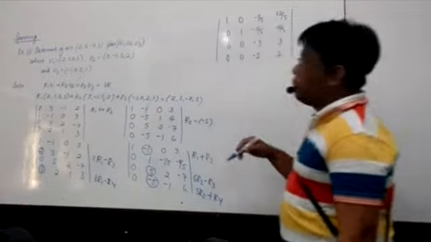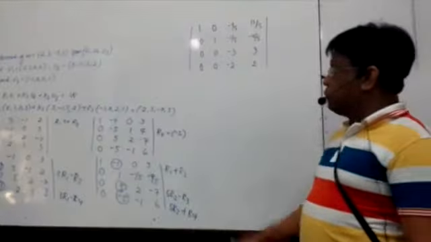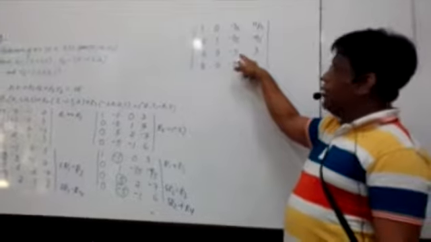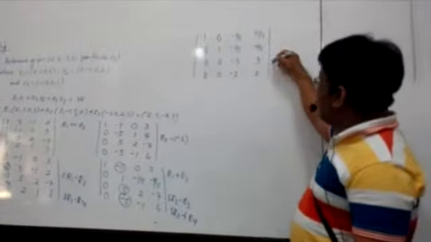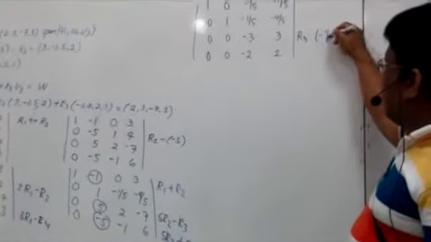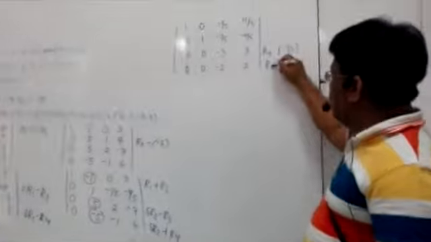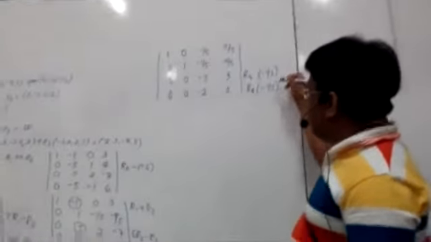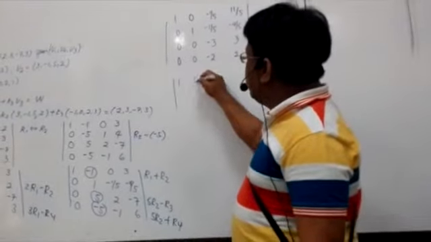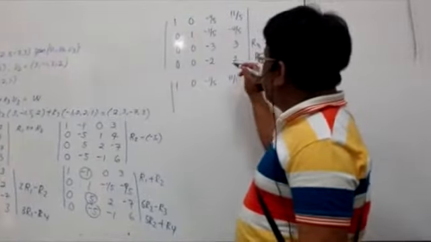Next, class. Okay, let's now proceed, class, with the leading one in the third row, right? So I will multiply R3 by negative 1/3, then R4 times negative 1/2, okay? Then what is the resulting matrix? So we have 1, 0, negative 1 fifth, 11 over 5.